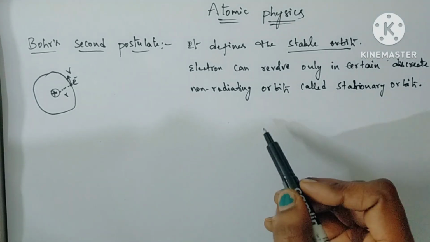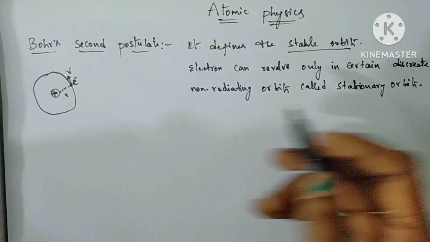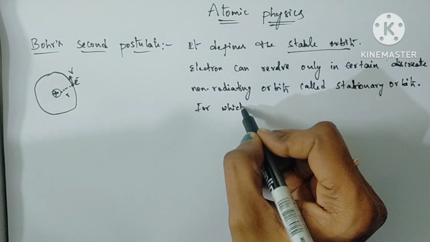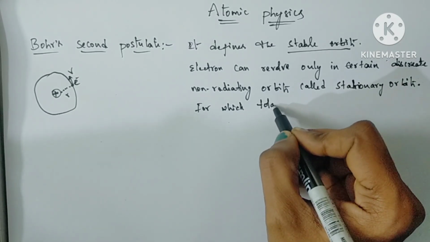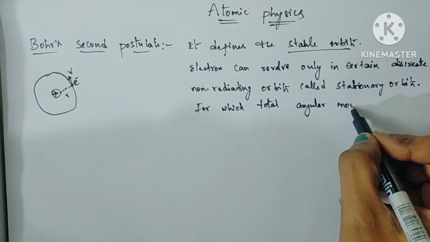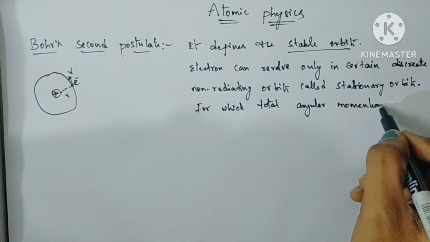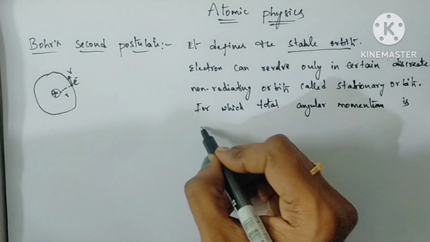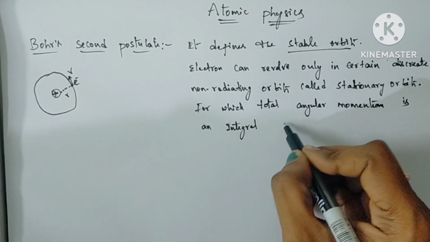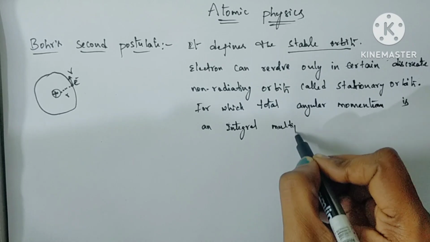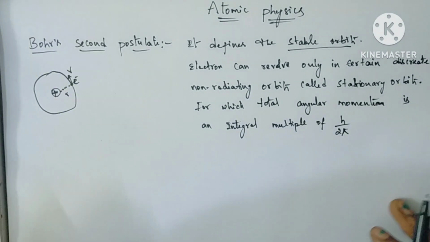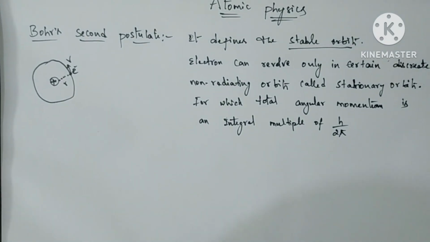So here, for the stationary orbits, the total angular momentum is an integral multiple of h by 2 pi. I am going to explain it clearly.